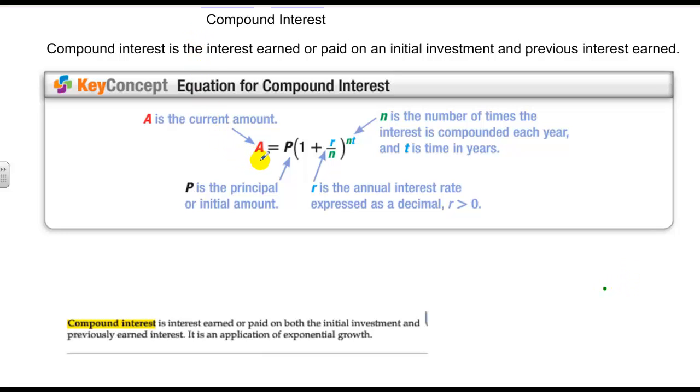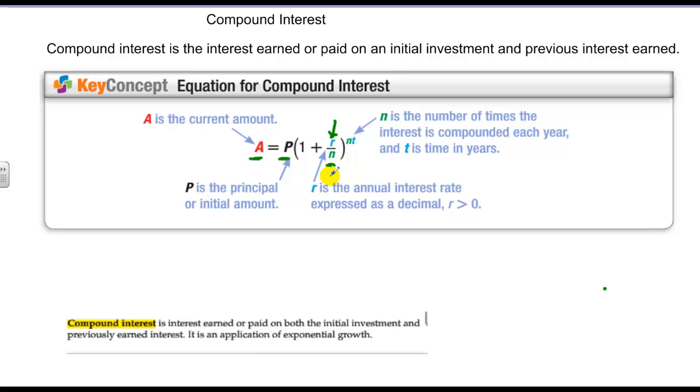The amount that you currently have in the bank, or final amount, let's say, is given by A. P is the initial amount invested, and then we've got the quantity of 1 plus r, where r is the rate you invest at, and n is the number of times it's invested over the course of a year. So if I invest annually, that's once a year, and n would be 1.